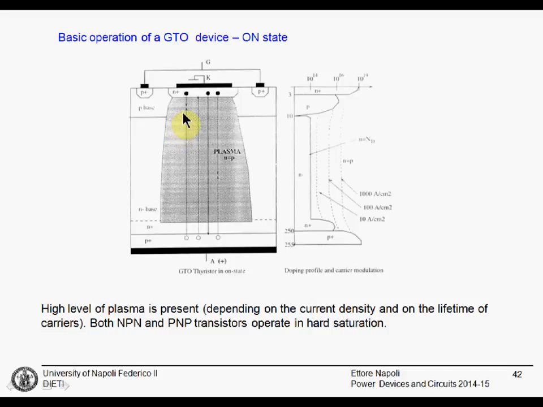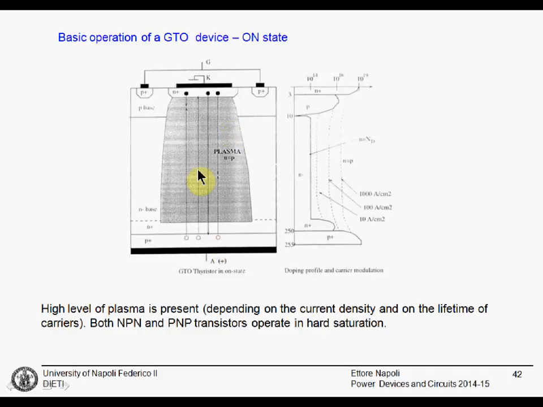For every hole that recombines here, there is one electron ejected from here. In the same way, there are electrons that work as base current for this PNP transistor, and they recombine here, and with one hole that is injected from the anode.